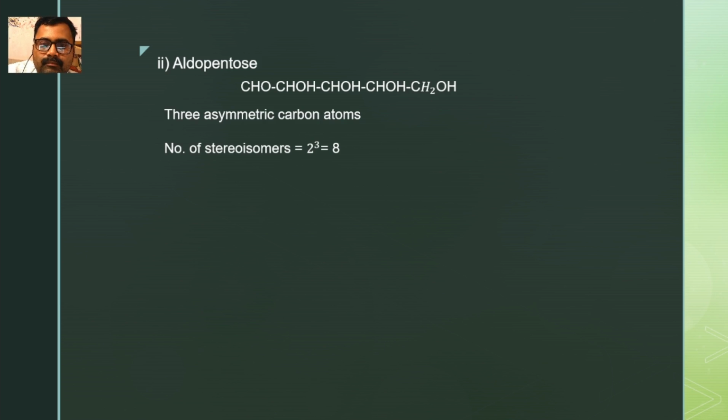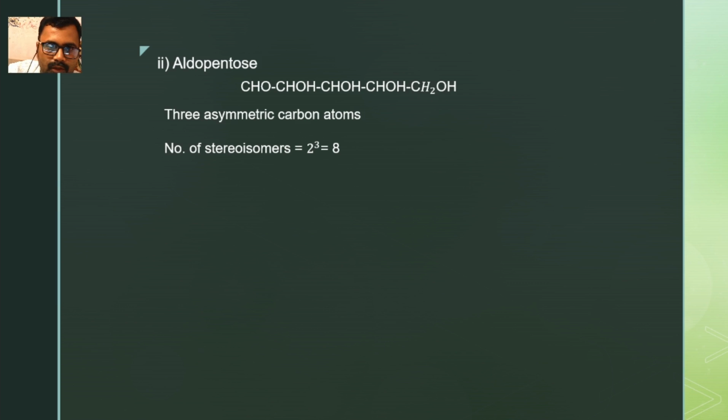So again we observe that carbon number 1 is the aldehyde group, but carbon number 2, carbon number 3 and carbon number 4 are asymmetric carbon atoms because they bear 4 different groups, and therefore the aldopentoses have 3 asymmetric or chiral carbon atoms.